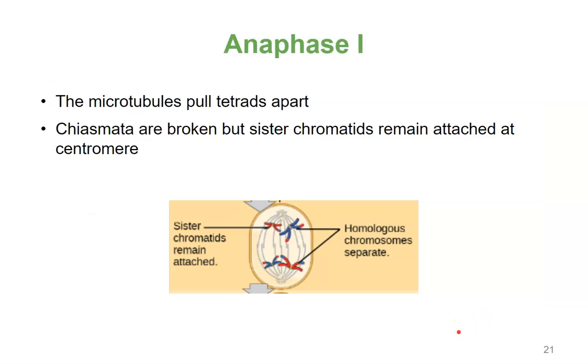All right, so anaphase 1, the actual whole chromosome gets separated into a separate cell. So instead of pulling sister chromatids apart, the homologous pair gets pulled apart. So if this is chromosome 1 and chromosome 1, now they get separated.